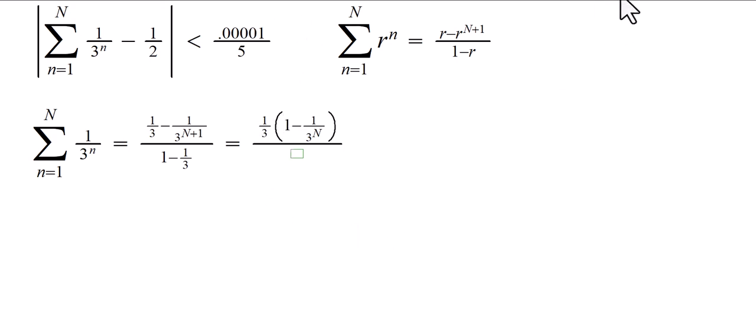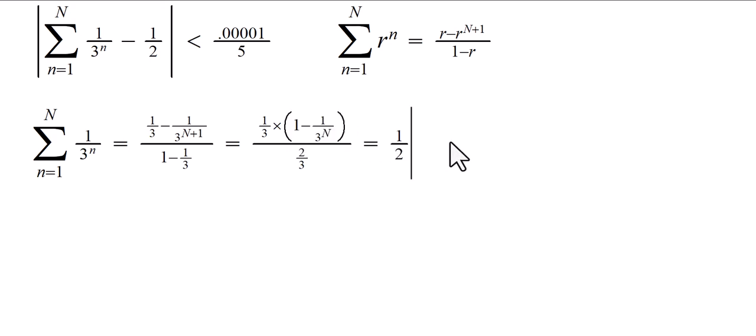In the denominator, 1 minus 1/3 becomes how much? 2/3. So the 1 over 3 cancels, and we get 1 over 2 times this quantity, right?